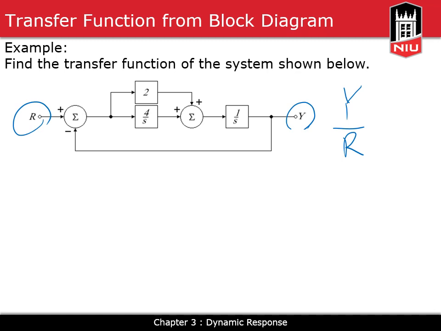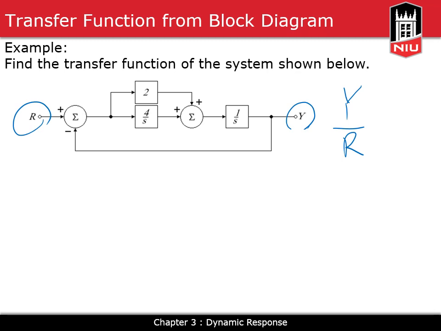We can start by finding blocks in series or blocks in parallel. Those are the simplest ones. So first look for these. If you don't find any of these, then you can try to look for a feedback loop. If you cannot find a feedback loop and none of the others, parallel or series, then you might have to move a pickoff point or a summation point.